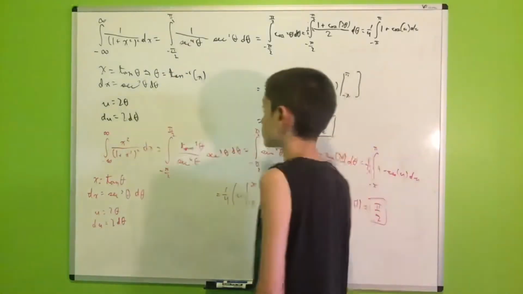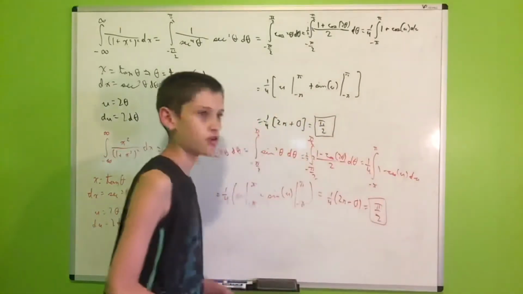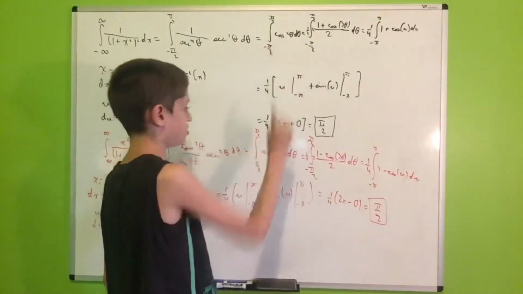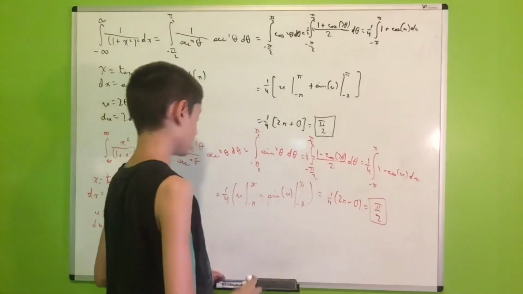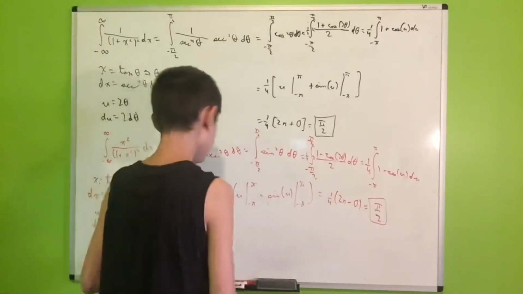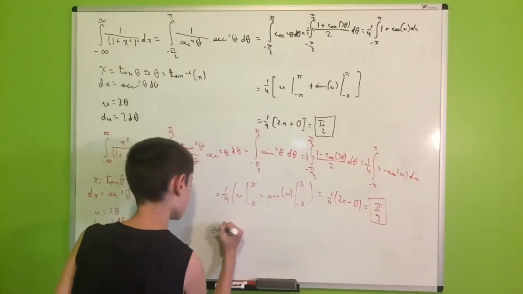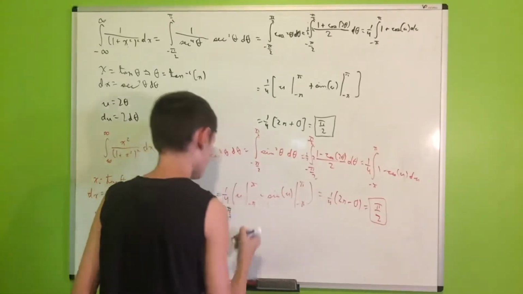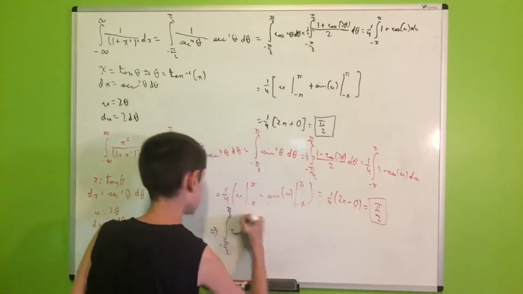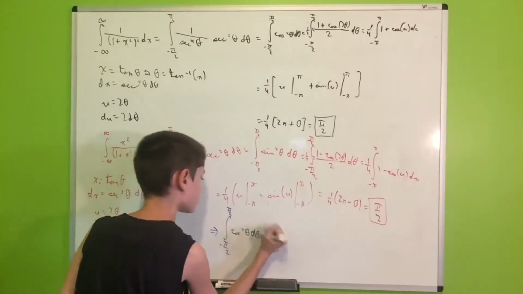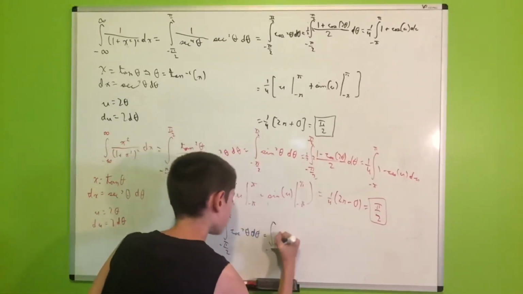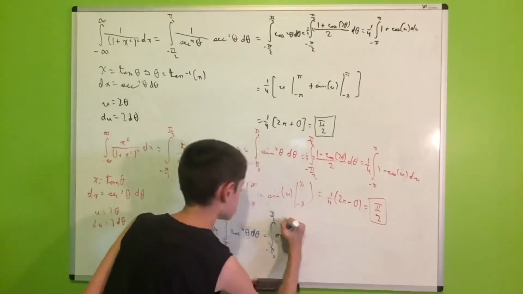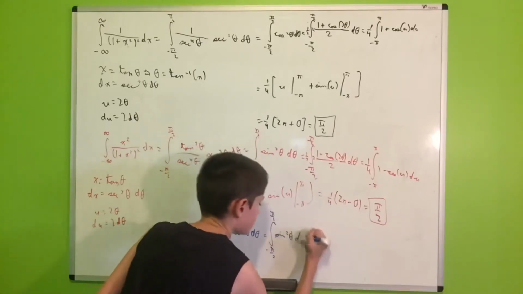And since these two integrals are equal to pi over 2, by the transitivity of the equivalence relationship, we get that these two integrals are equal, which means that the integral from negative pi over 2 to pi over 2 of cosine squared theta d theta is equal to the integral from negative pi over 2 to pi over 2 of sine squared theta d theta.